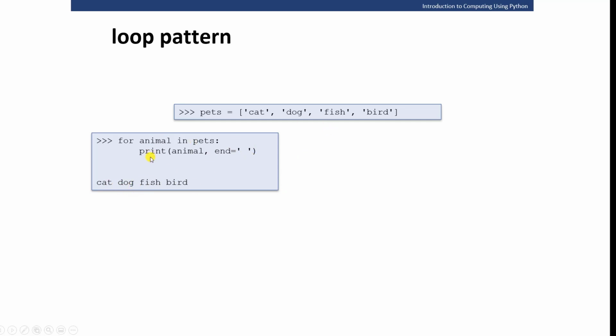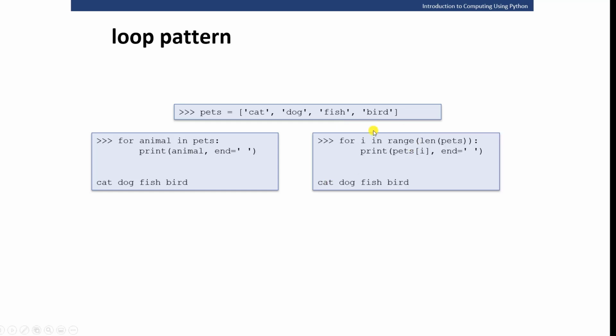Now, this is a straightforward example of an explicit loop pattern, but we can use another loop pattern. Instead of iterating through the items of the list bits, we can iterate through the index of the list bits and achieve the same results. So let's take a look at this implementation: for i in range length bits.